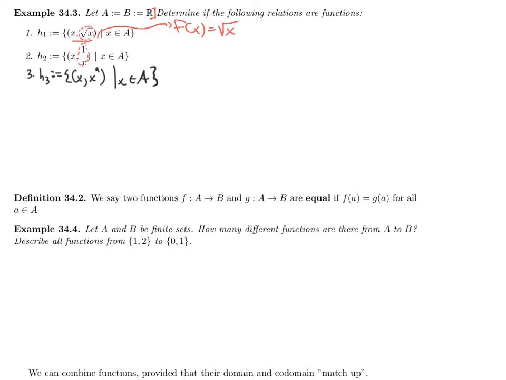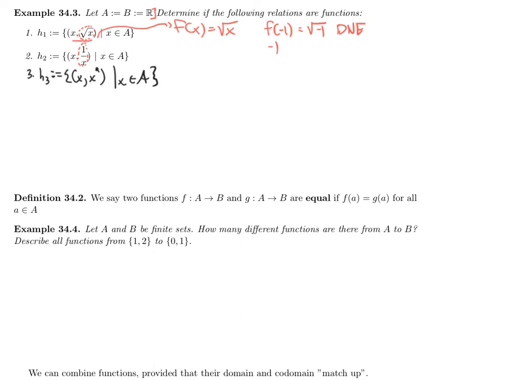Okay, now that we're back, well, what if I put in -1 into my function? I look at f of -1. Well, that's the square root of -1, and this doesn't exist. That's nothing. So that means -1 is related to nothing in the codomain. So we can write -1 is not related.